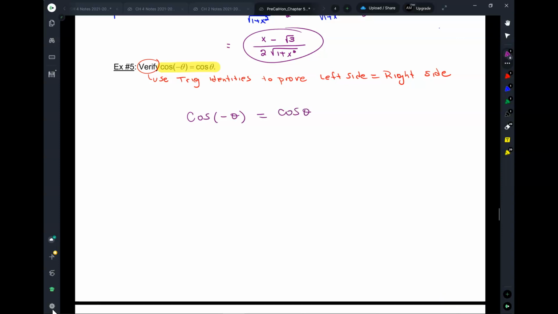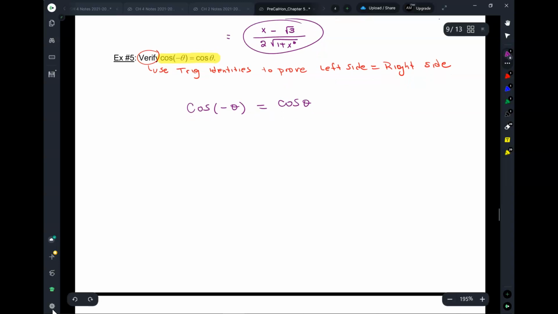What we do is normally you start working on one side only, and then you do things on the one side, and then magically it ends up equaling the other side. So the side here that there is more to do with is the left side, right? Cosine theta is just cosine theta.